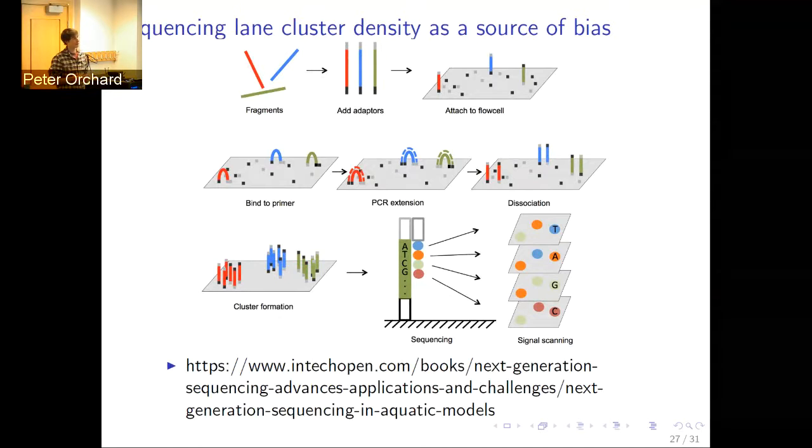The end result is that if you increase the concentration of DNA going into the sequencing machine, you get an increase in the number of clusters, and you get more competition between clusters, and that results, in theory, in a shorter fragment length distribution. So we were looking to test this in our data and see, is this effect actually measurable in real life?